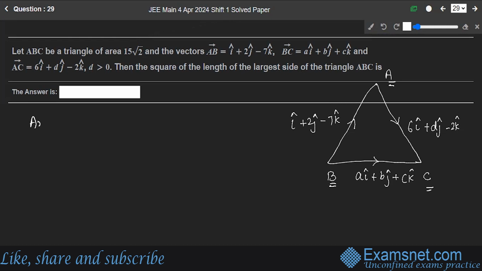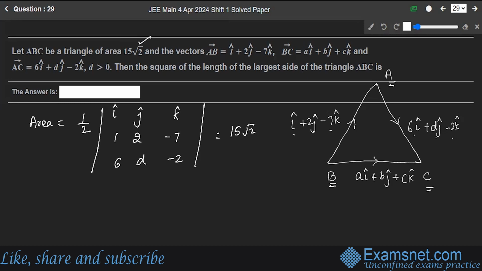So, when you're given the vectors, the area is given by half of the determinant of i, j, k. So I'll pick up 1, 2, minus 7 and 6, D, minus 2. This is equal to what is given, this 15 root 2.